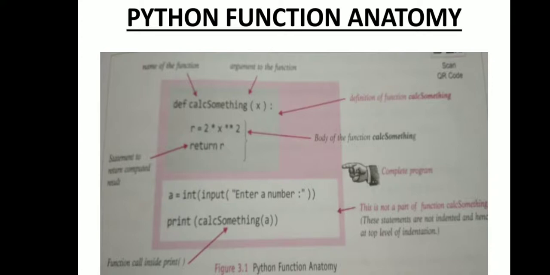So cal something is the name of the function. In the bracket, x is the argument of the function, and the colon marks the definition of the function. And these two lines you can see are called the body of the function. And return r is the statement which is required to return the result. And the result will be returned outside the function.